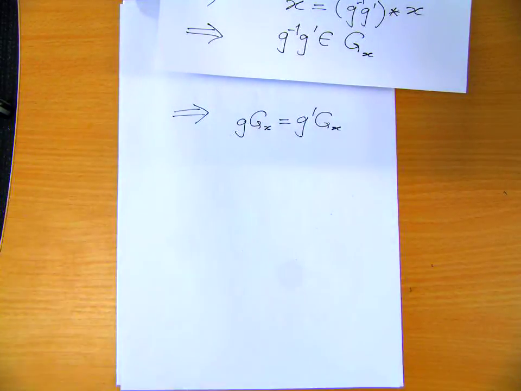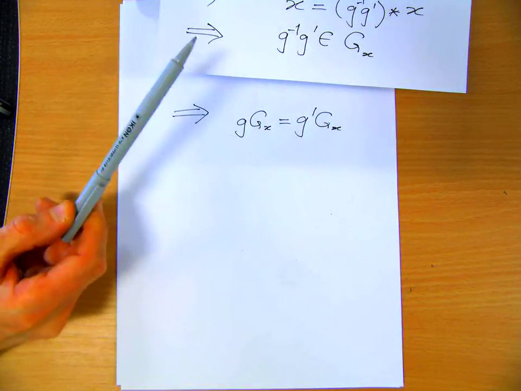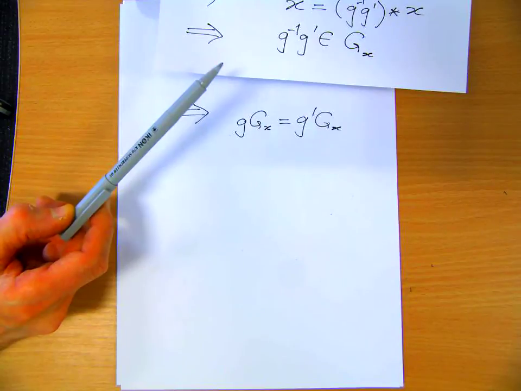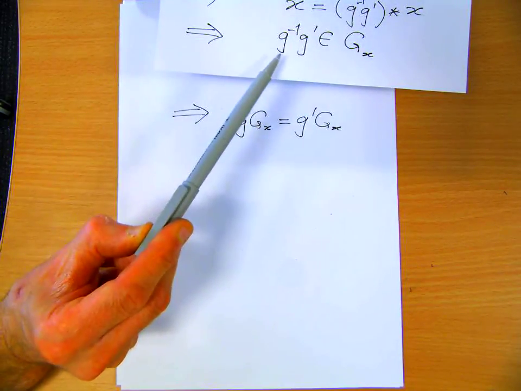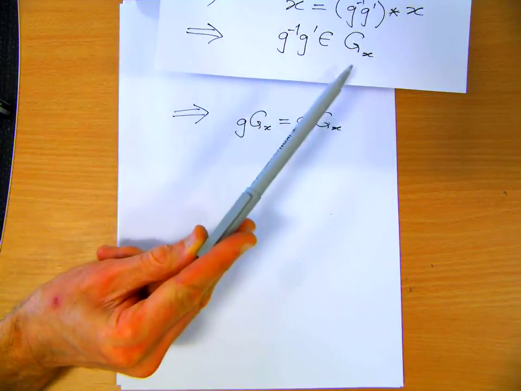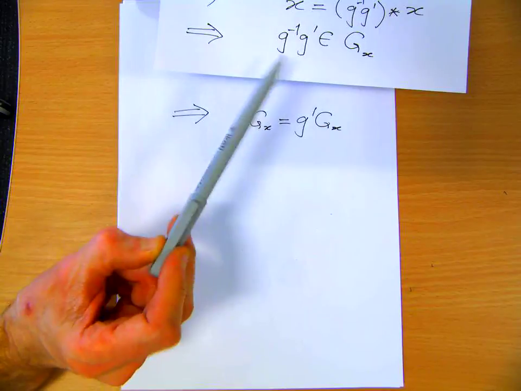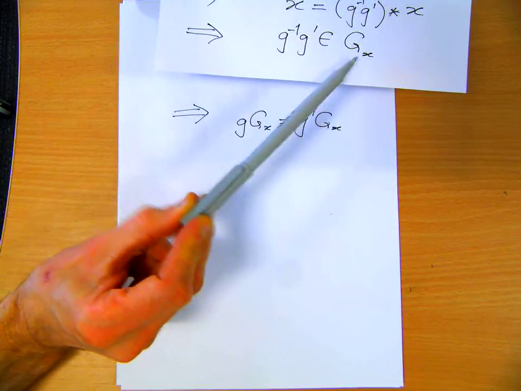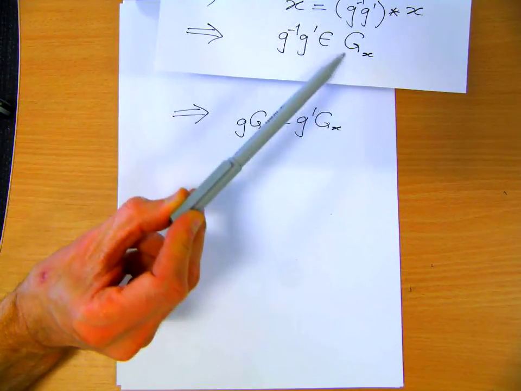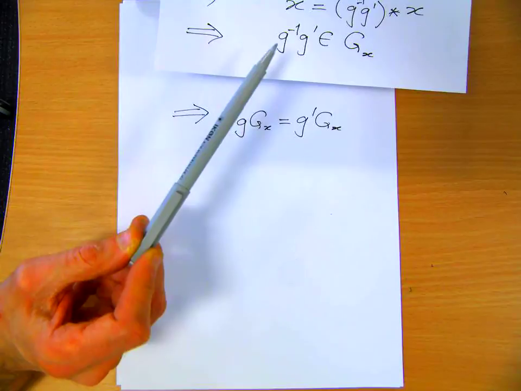So they must live in the same cell in the partition. So that's a slightly bigger step, because we have to go back to what it means to be in the same cell in the coset partition. So let me just say that again. G inverse G prime being in the subgroup is precisely the same thing as saying that G and G prime are related by the relation to which the subgroup gives rise. And if they're related in the equivalence relation, they live in the same equivalence class.